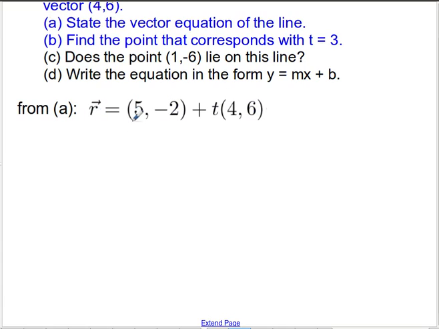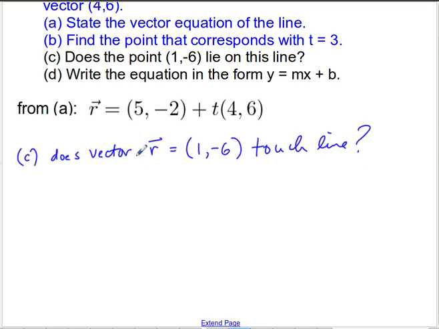So here was our vector equation of the line. What we want to know is, if the point 1, negative 6 lies on this line, then that's another way of saying, does the vector r equal 1, negative 6 touch the line?